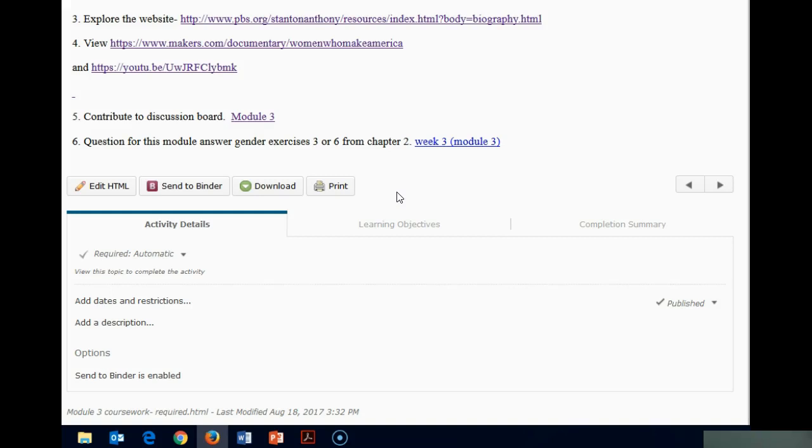Exercise 3, let me get to that page. Interview several friends, co-workers, or family members about their views on gender. And exercise 6 is interview a group of friends, co-workers, or family about their views about feminism. More directions are in your text.